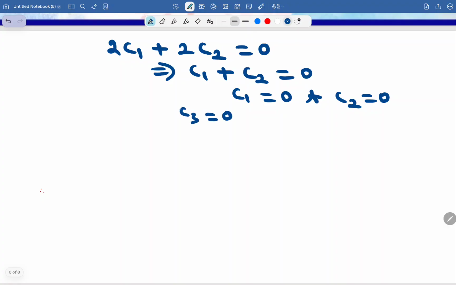C3 must be 0 because C1 is 0 and C2 is 0.